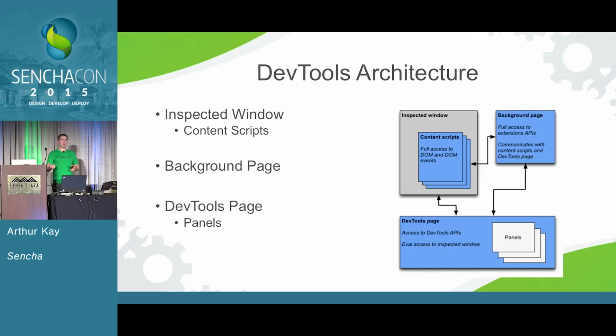There is a background page, and I'll come back to this in a moment. And then there is a developer tools pane, in which is the extension you've built living inside the context of Chrome developer tools. So let's explore what each of these different parts are and what they mean, and then we'll actually build a Chrome extension here on stage.